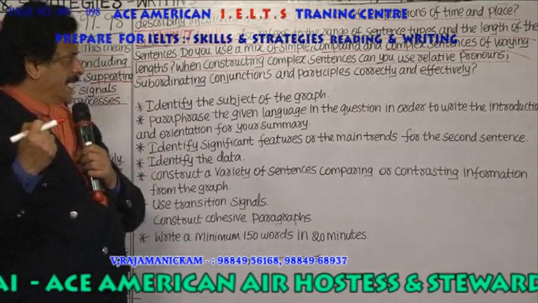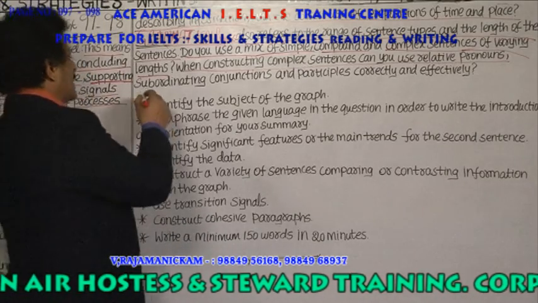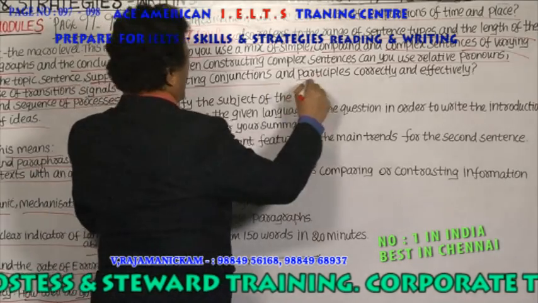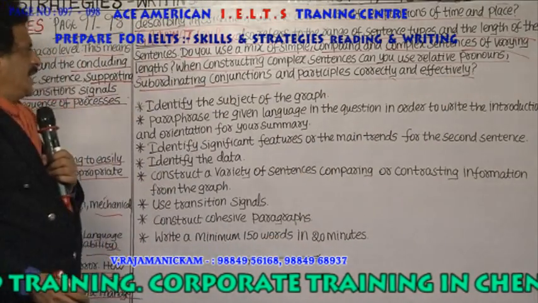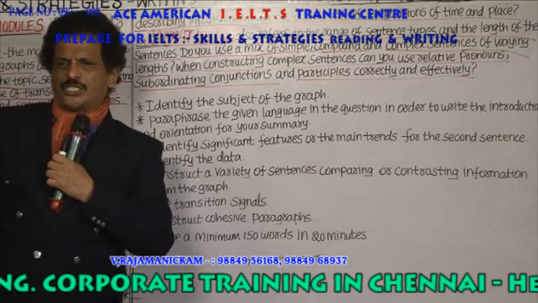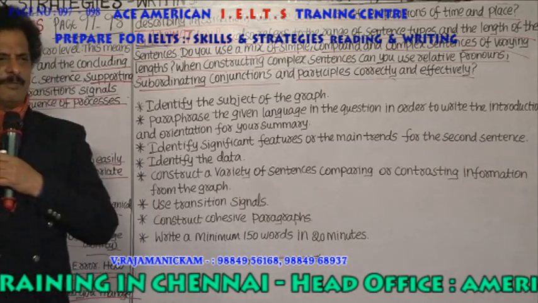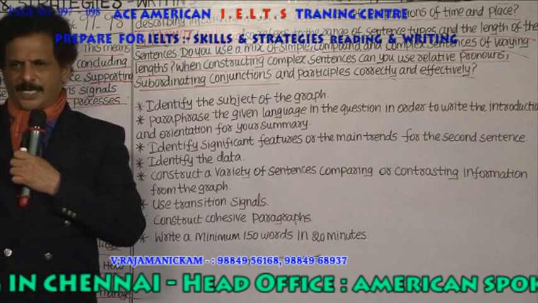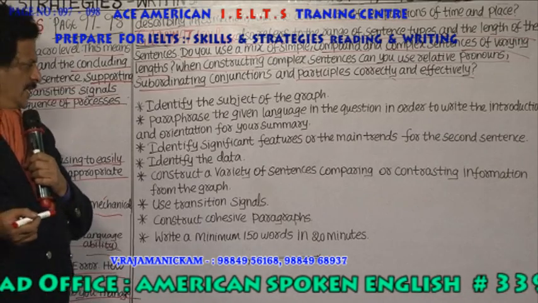Can you use subordinating conjunctions and participles correctly and efficiently? Subordinating conjunctions are because, if. And participles, present participles and past participles, correctly and effectively. So all these things they check.